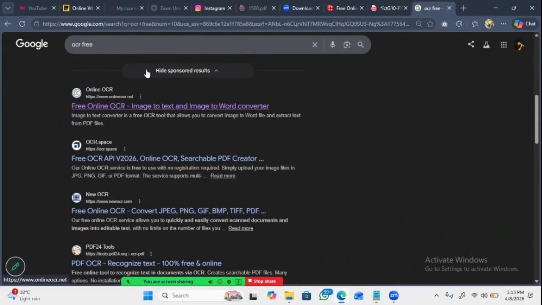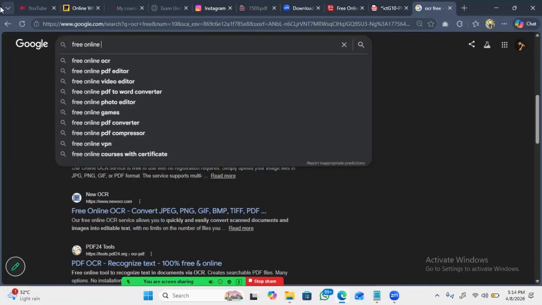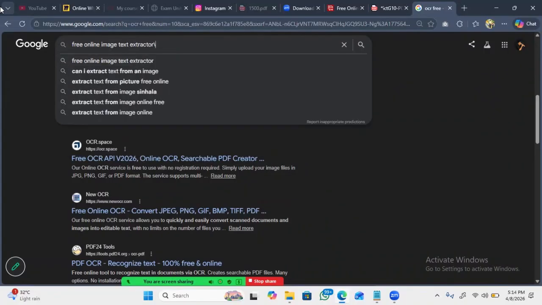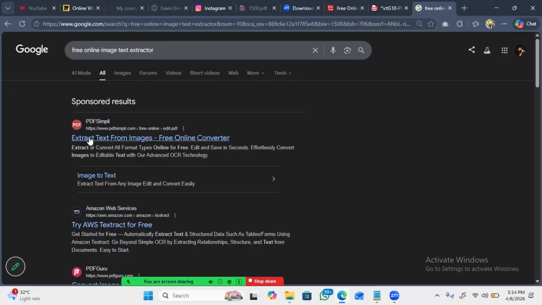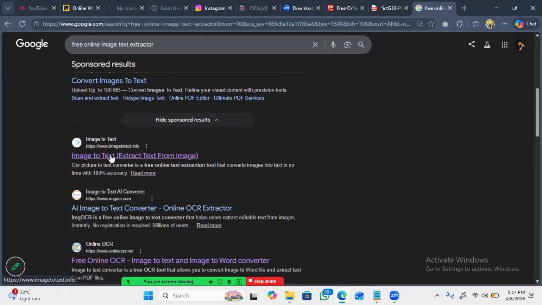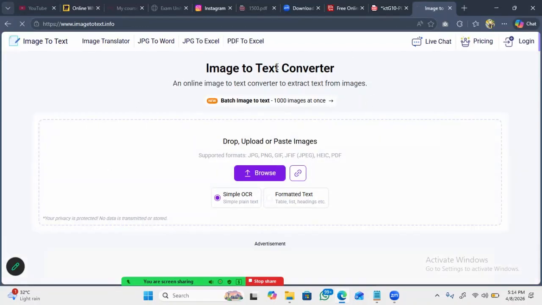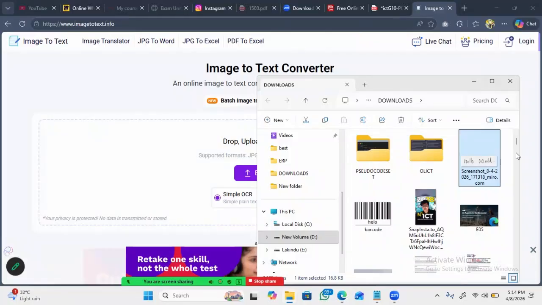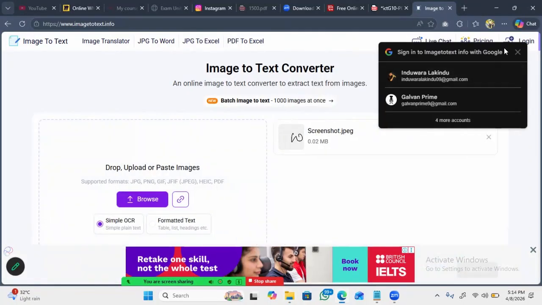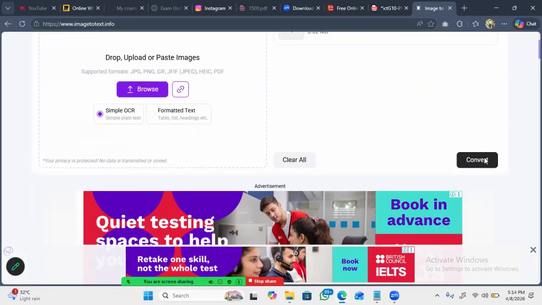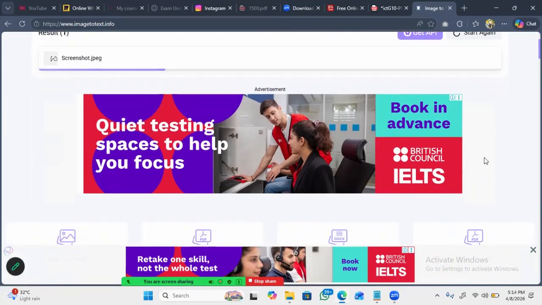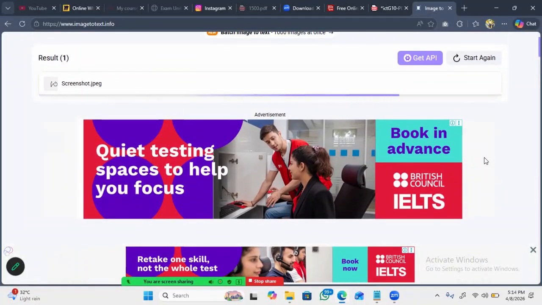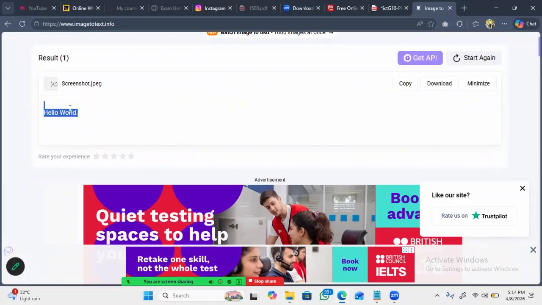Okay, here's the image to text. This is the OCR technology I use. What we can do is take the image that we downloaded and upload it here. Let's see whether it's working or not. Okay, I'll start converting. Hello world. I got the editable text.